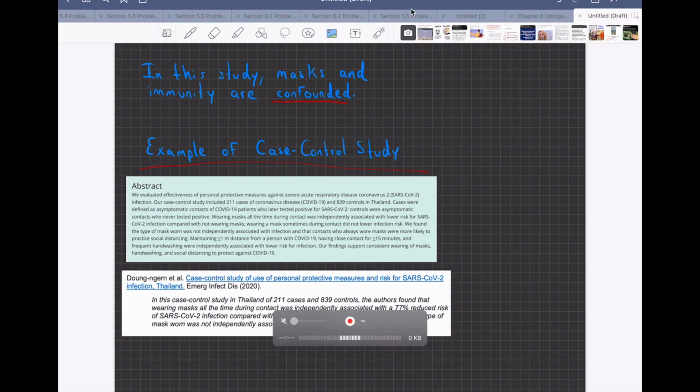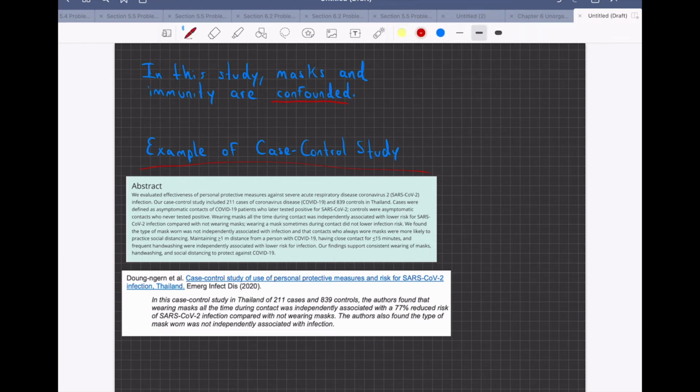All right, I took this example of a case control study from the internet. For example, here, in the abstract: we evaluated effectiveness of personal protective measures against SARS-CoV-2. Our case control study included 211 cases.